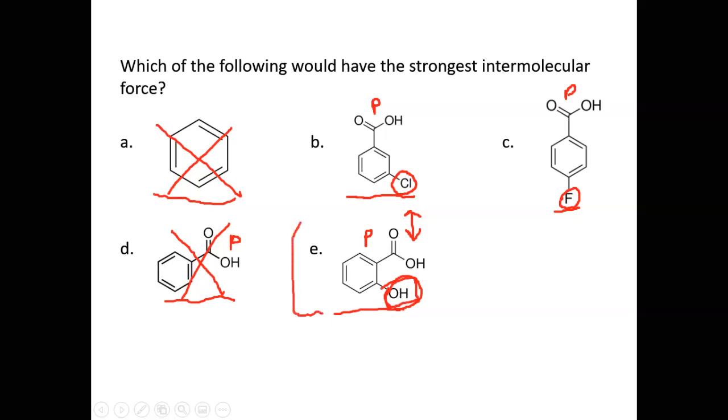So E is going to have the strongest intermolecular forces, because it has the ability to hydrogen bond with the carboxylate part and the OH part, whereas the others can only have enhanced dipole-dipole in addition to the hydrogen bond part. So E is the answer.